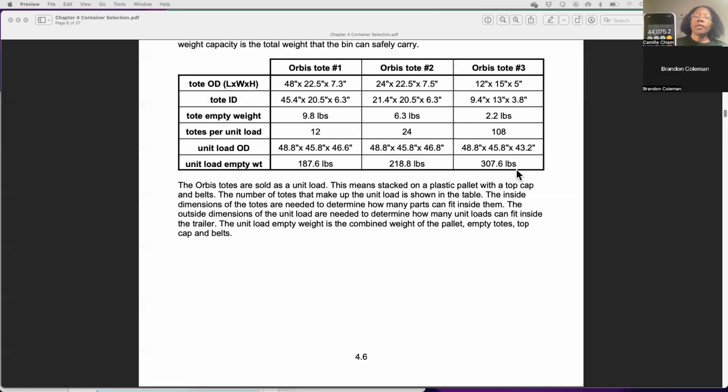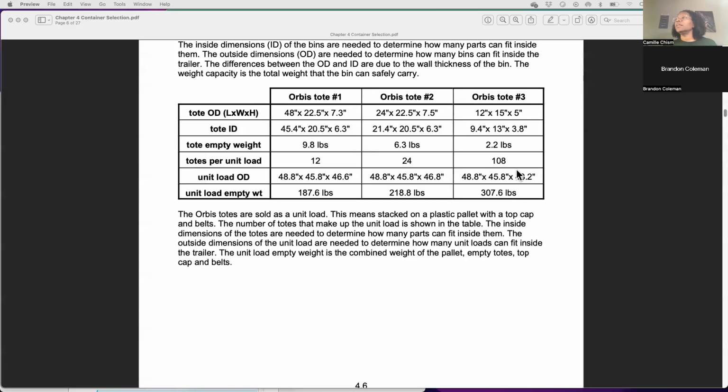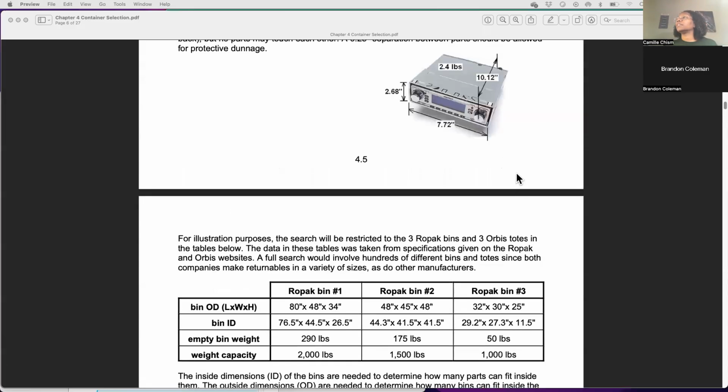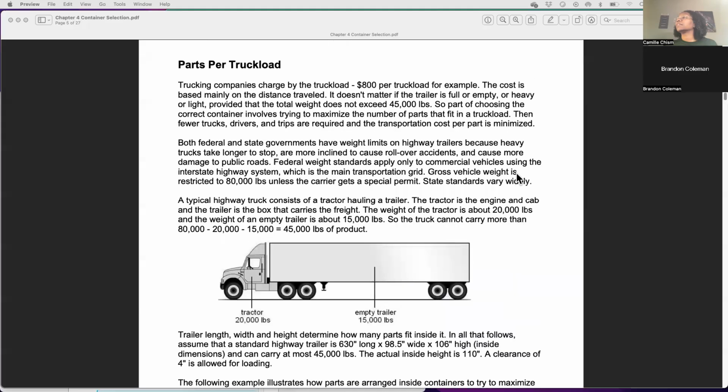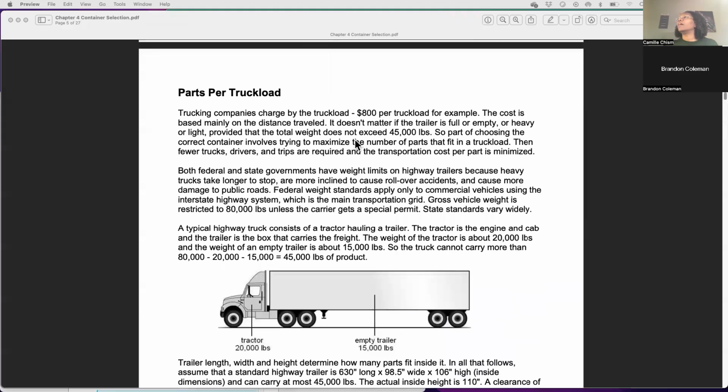And I know that this is 44,075.2 pounds. Let's go back here real quick to see what it said. Okay, the total weight should not exceed 45,000 pounds. So what does that tell me?